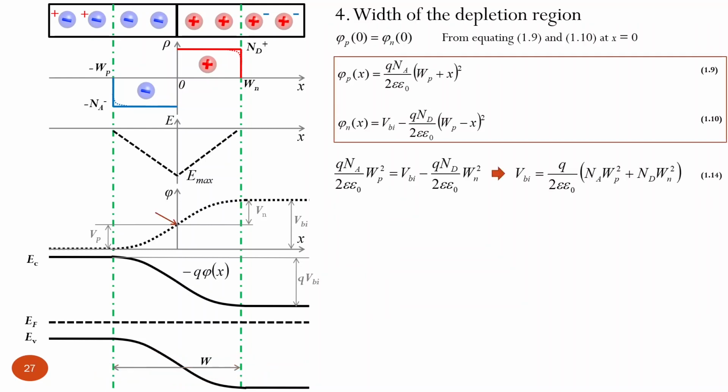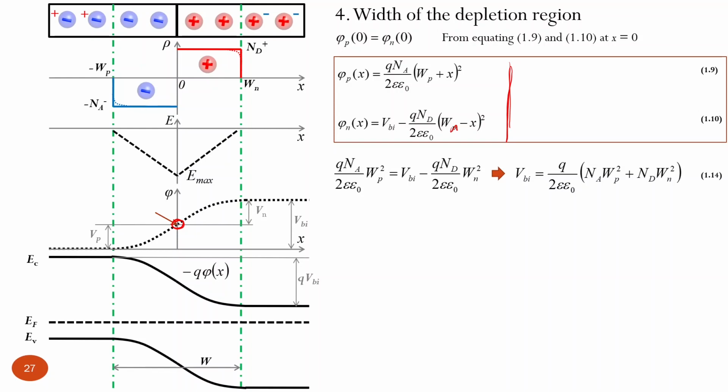So let us take a look at these two equations which we derived for electrostatic potential distribution. Here should be N. Pay attention to this point here in the middle of the p-n junction at the interface.